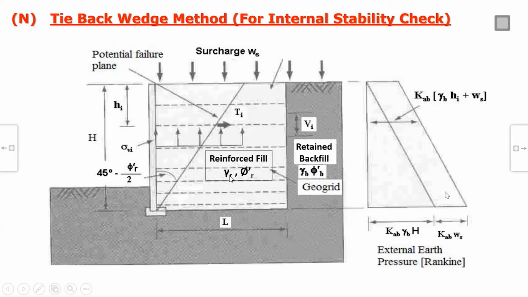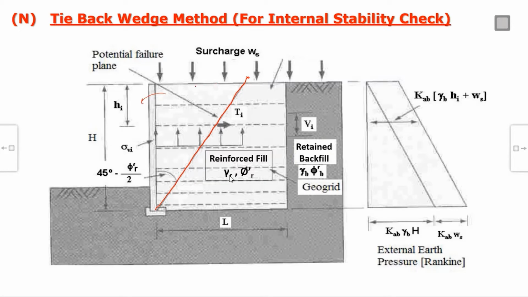The only difference in the tie-back wedge method, as I told you, is that it assumes there will be some movement of the wall, and because of that a wedge will be created, like your active earth pressure zone moving out.